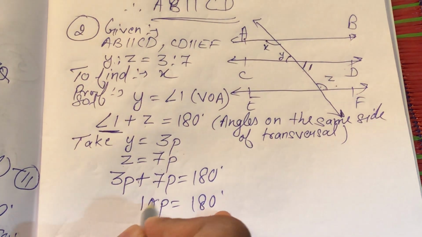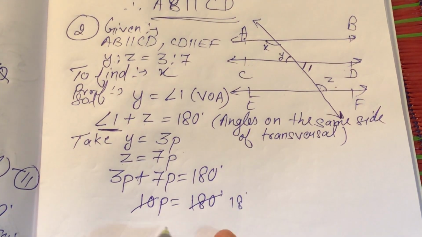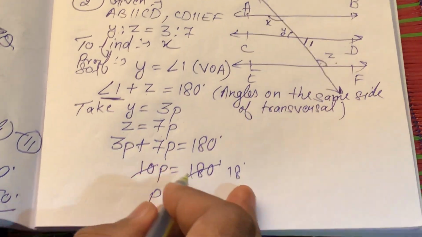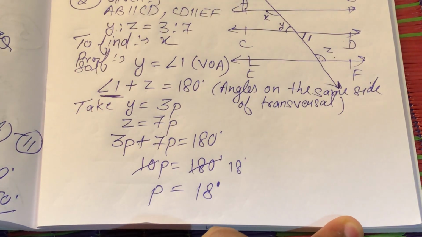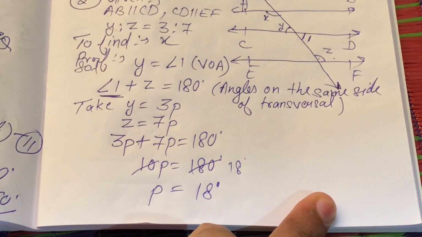Now 10 to 180 cancelled, 18, so P equals 18 degree.